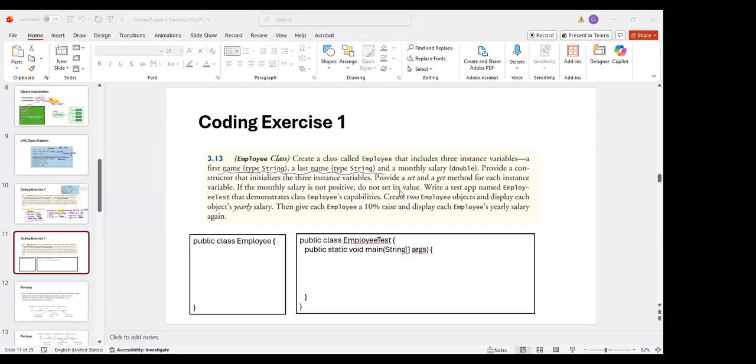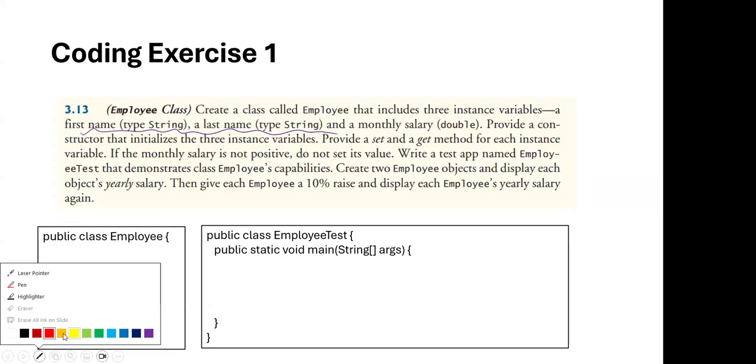It means if I provide the salary, we should initialize the value. But if we don't provide the salary, we should leave it empty, right? So in this case, let me highlight the requirement in case you cannot find it.